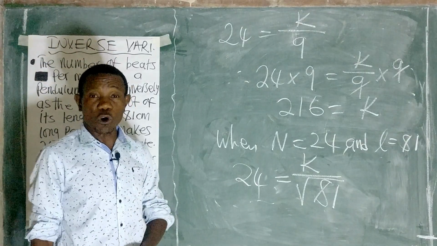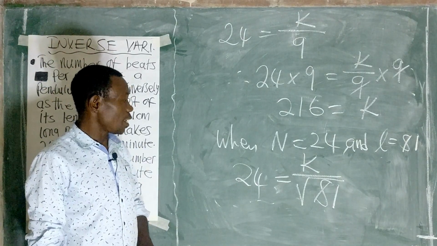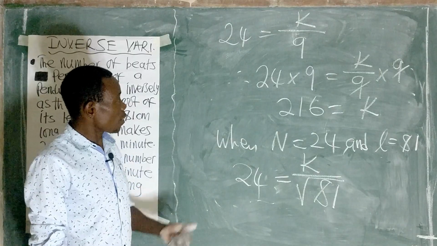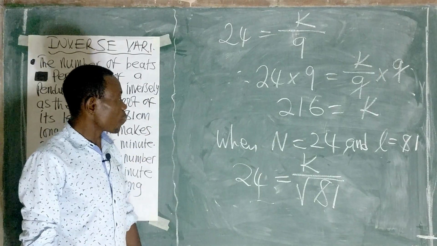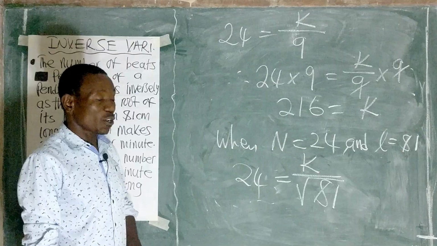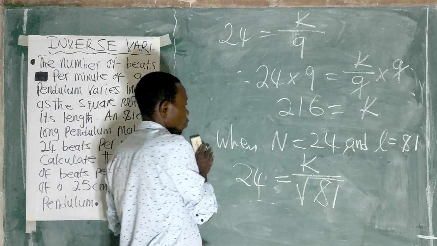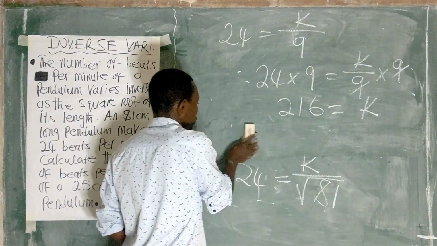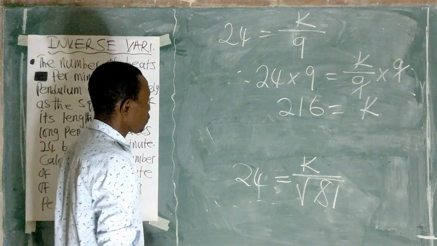As usual, as we have been doing in direct variation, the next step is to come up with the complete proportionality equation. The one described up there, was it complete? Now it must be complete. So you're going to rewrite the proportionality equation like this.